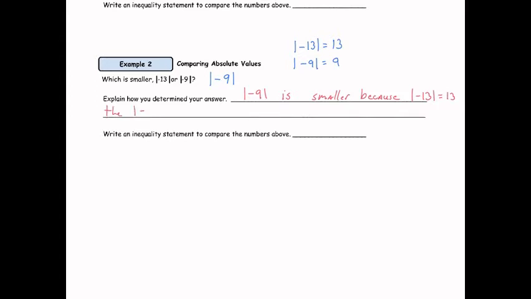The absolute value of negative 9 is 9. And 13 is greater than 9. If 13 is greater than 9, that means 9 is smaller than 13.